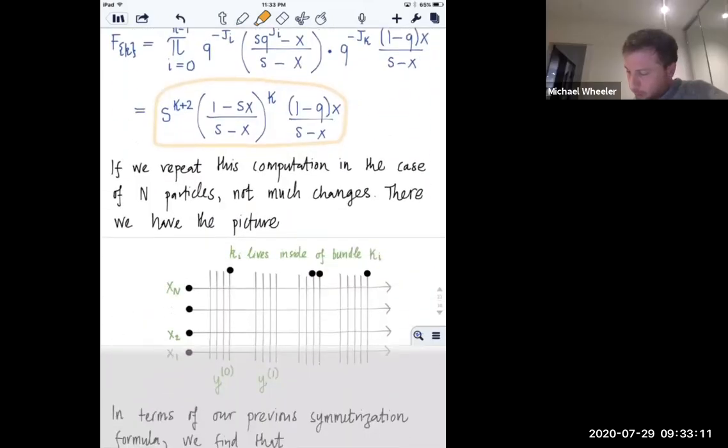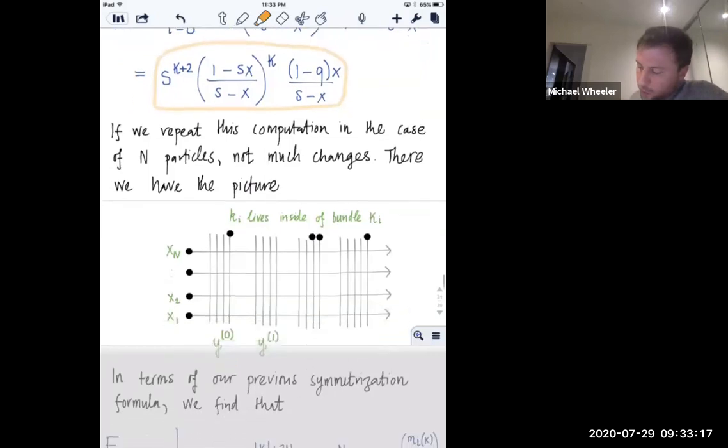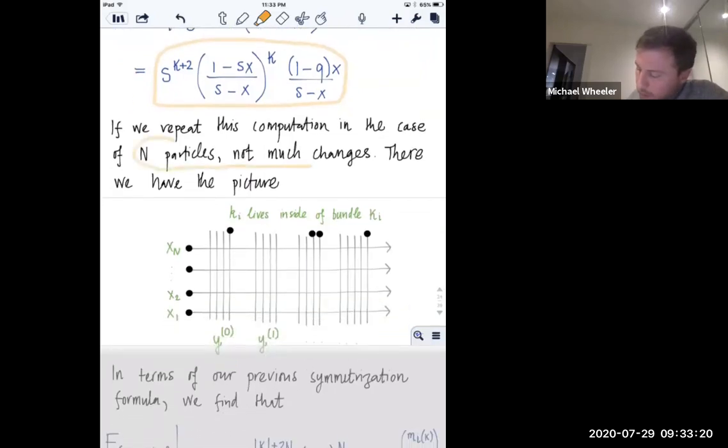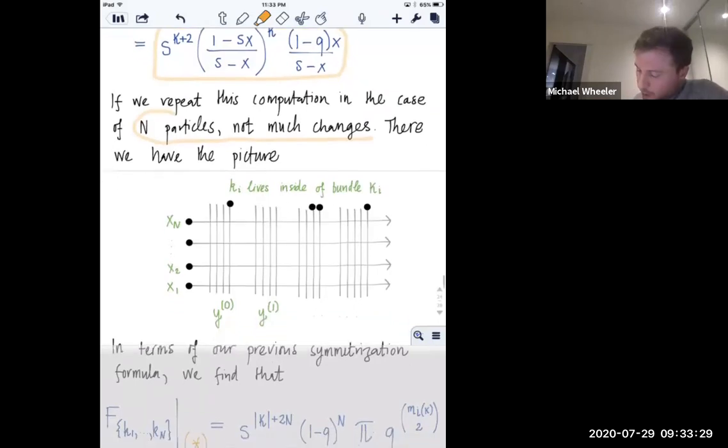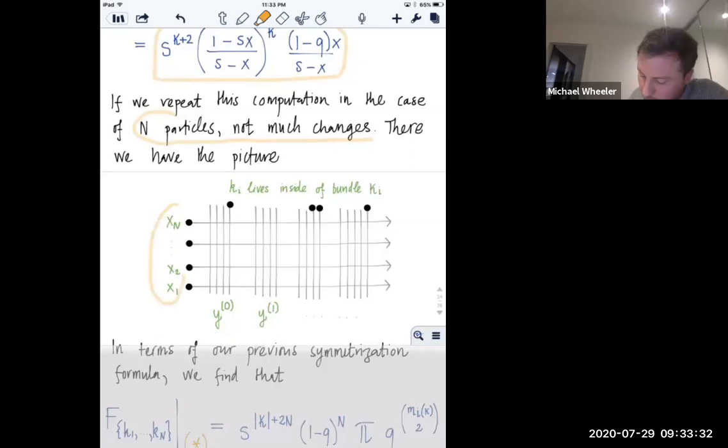All right. So this was a little computation in the one particle case. And if we do it in the case of n particles now, there's not really much which is substantially different. So in that case, we're going to have a picture of the form that's given here. So now I have my n particles coming in from the left as previously. And again, I bundle up my y variables. So previously when I was looking at that capital F function, I had the little k's, k1 up to kn, which were the coordinates of the outgoing particles.